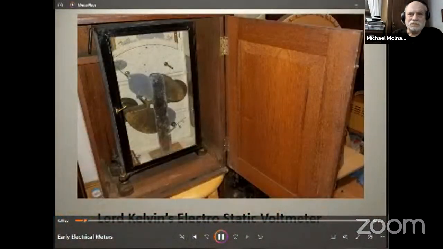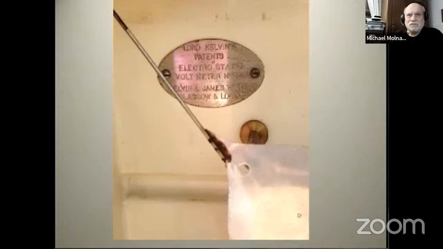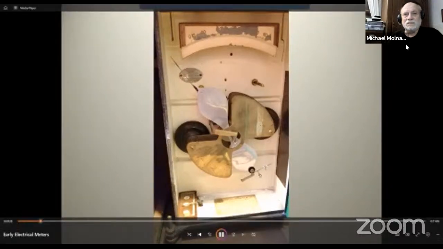This is a Lord Kelvin's electrostatic voltmeter. It was built by the Kelvin and James White Company of Glasgow and London and dates to the 1890s. Its operation is based on the principle that two conductors at different potentials attract one another.